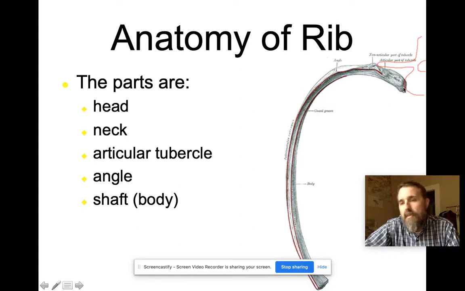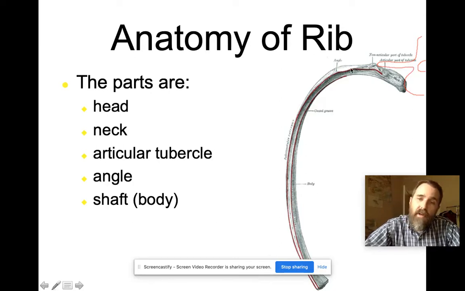rib. Just posterior, just behind the head of the rib, is what's called the neck. If we keep moving along the rib, we get to a little indentation, a little dimple in the rib, also known as the articular tubercle, or more simply, just the tubercle. And that is the point at which the rib attaches to the transverse costal facet of the transverse process of the thoracic vertebrae.